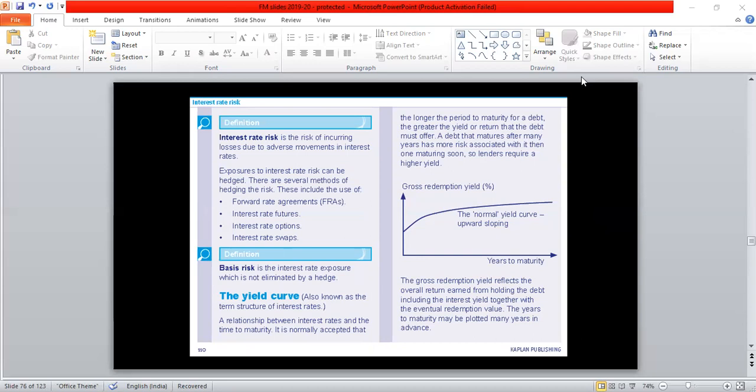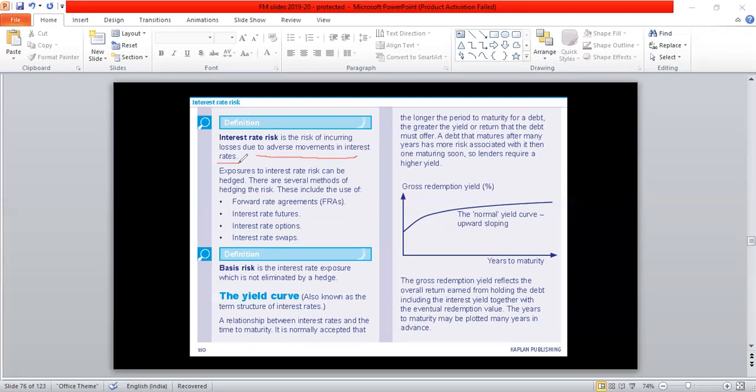Interest rate risk is the risk of incurring losses due to adverse movement in interest rates. Because of the fluctuation in the interest rates, if there is any loss which is arising, we call it interest rate risk.